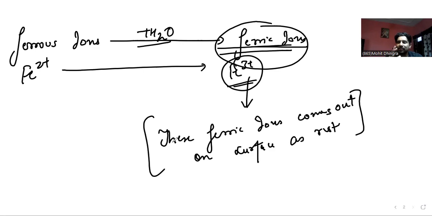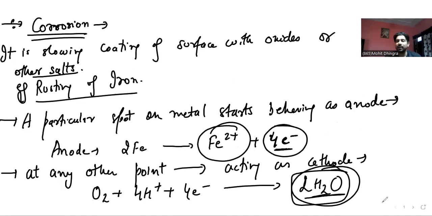So this is exactly the process of corrosion which you have to explain. Very important. It is asked directly as a 5 marks question in the board exam. What is corrosion? It is the coating of the surface with an oxide and salts layer. Best example is rusting of iron, and also tarnishing of silver and copper utensils.